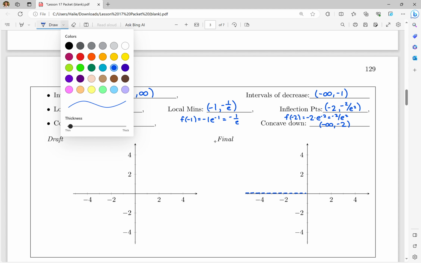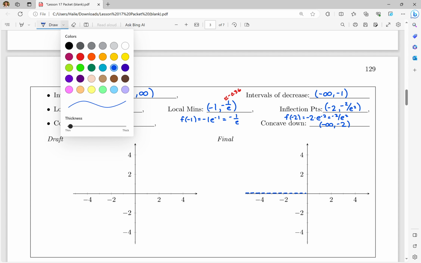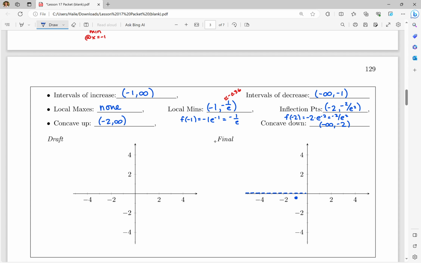So I'll do that in red so that you know it's not part of the answer. So basically we're going to have a point at negative 1, negative 0.36. So that's our minimum.